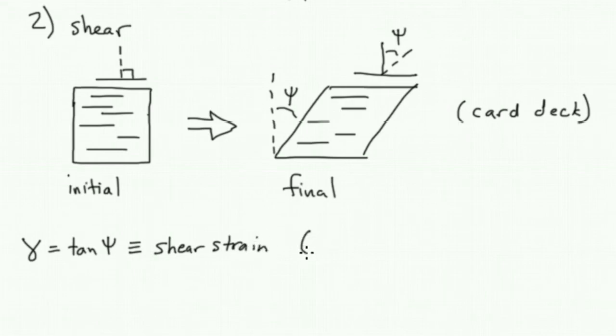So the shear strain is, just to think about that for a second, we have an angle psi. Tangent is the opposite over the adjacent. Just to remember. So shear strain is the ratio of how far a point has moved from here to here compared to how tall it is.